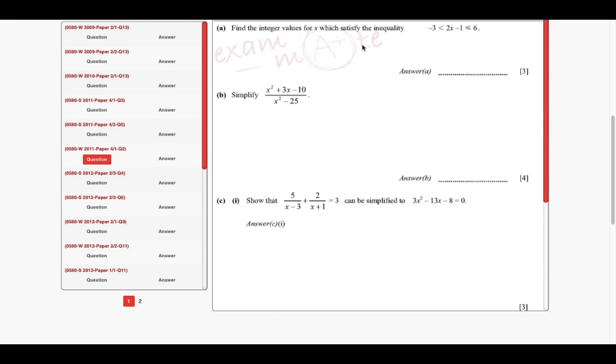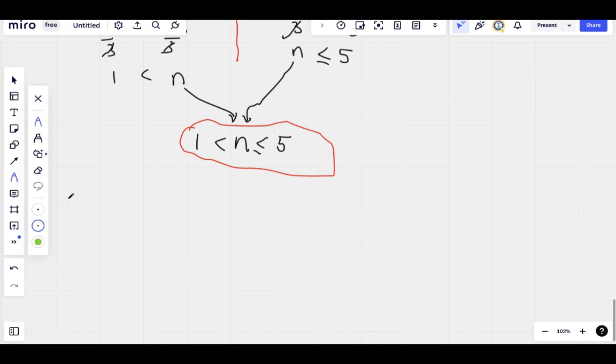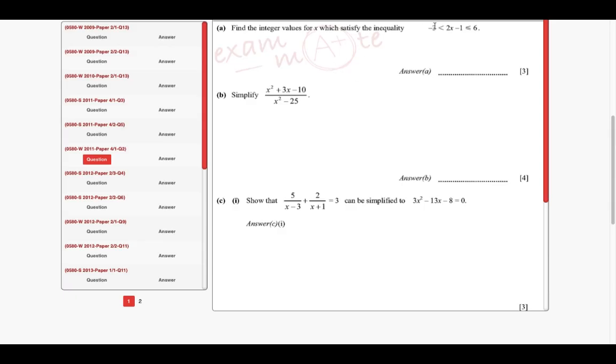Okay, let's do this inequality first quickly. Find the integer values for x which satisfy the inequality. Negative 3 is less than 2x minus 1, less than or equal to 6.